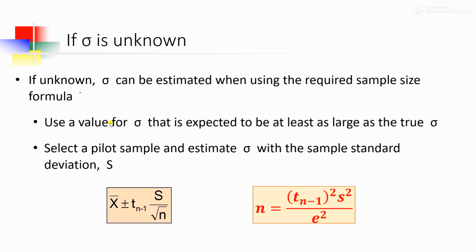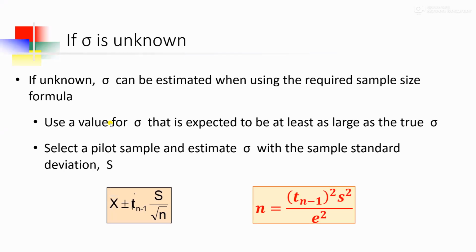When the population standard deviation is unknown, sigma has to be estimated when finding the required sample size. But usually if sigma is unknown, our confidence interval is calculated by this.